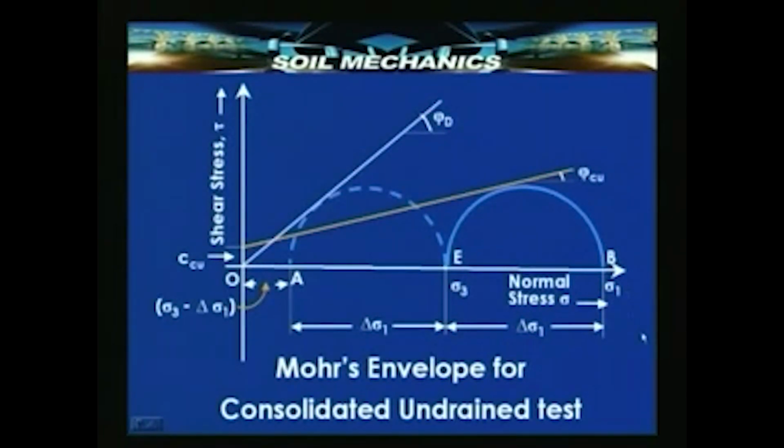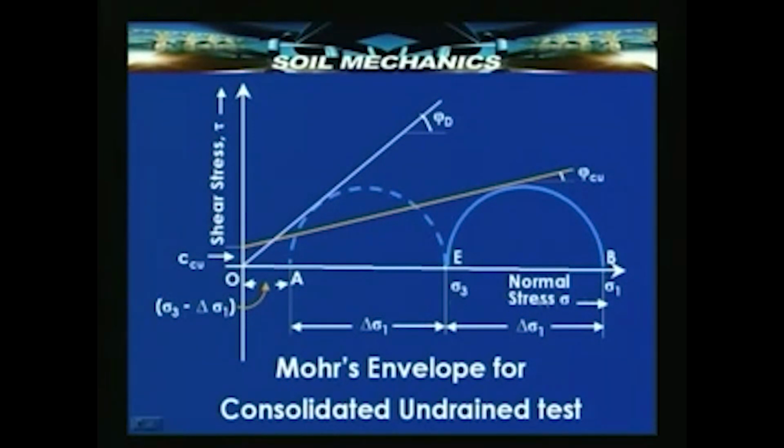The corresponding Mohr diagram, if we take a look, the continuous line, thick circle, represents the total stress circle, that is the total stress sigma 3 applied and the corresponding total stress sigma 1. If we know the pore pressure, which incidentally is equal to delta sigma 1, that is the additional axial load applied, that means the pore pressure is known in this particular test.